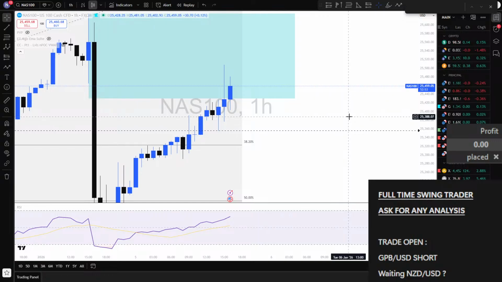My risk ratio is at least 3R most of the time. Check GBP USD, yes.